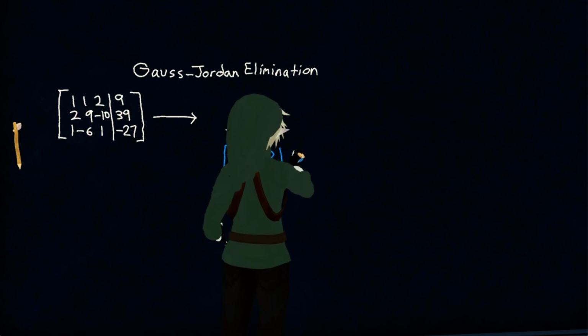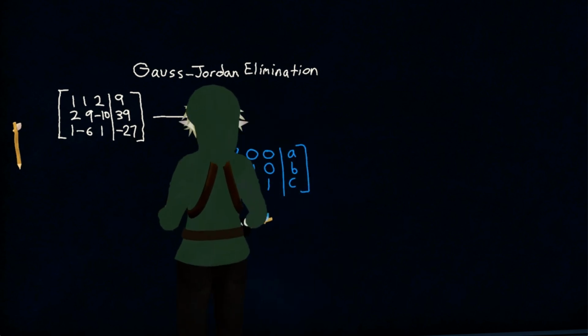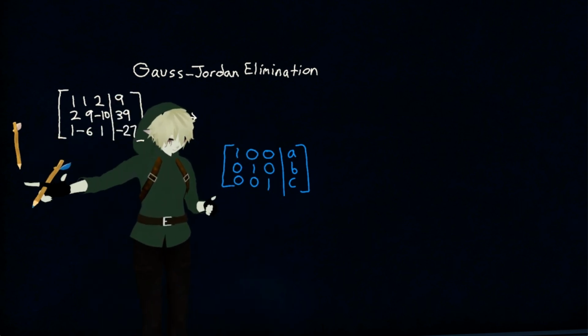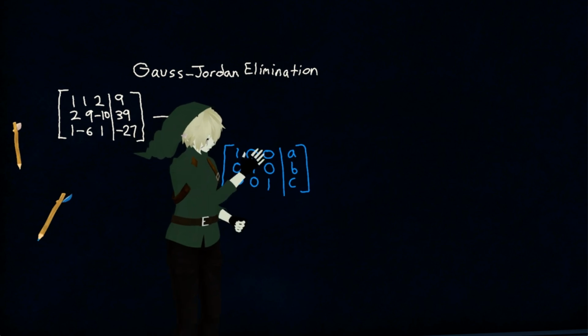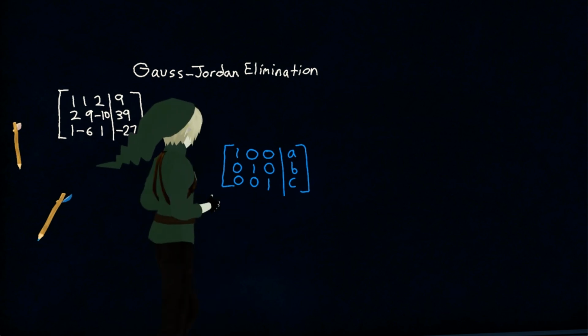For some number, whatever this is. For any number A, B, C, whatever. Well, they're letters, but you get what I mean. Some variable, right? So, in general, we want this matrix.